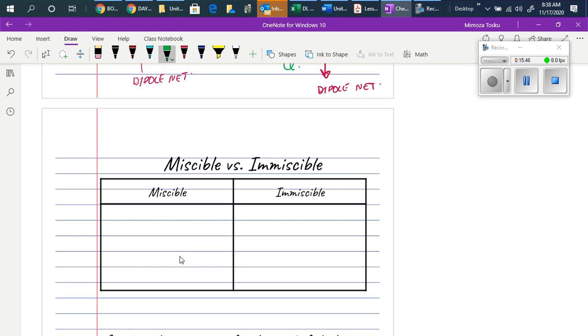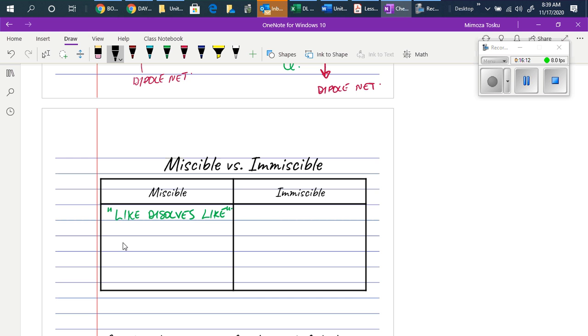Miscible versus immiscible. Miscible is like dissolves like. This is what it's saying. Okay, so now what does that mean?